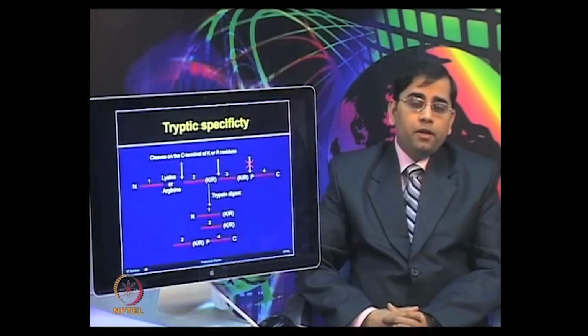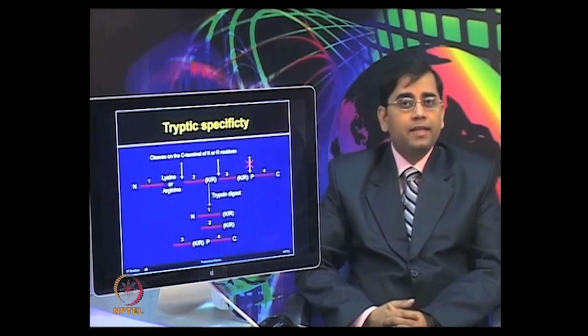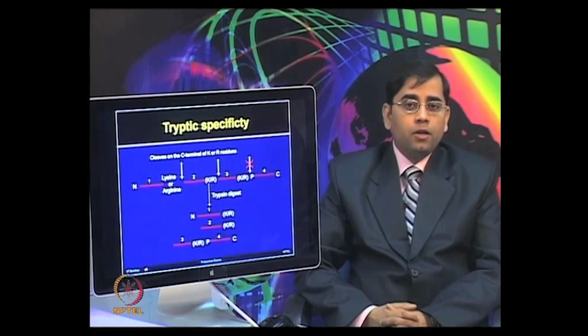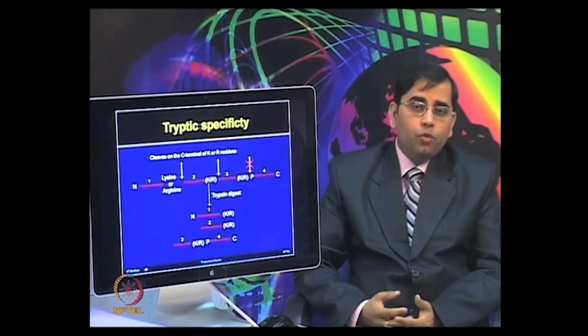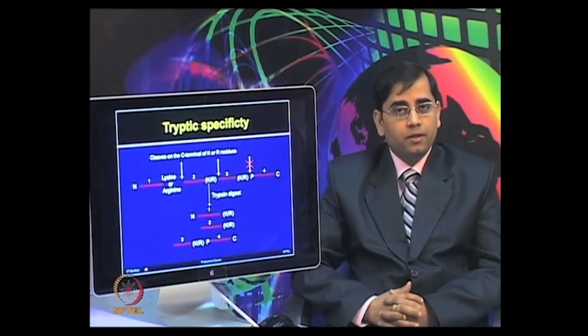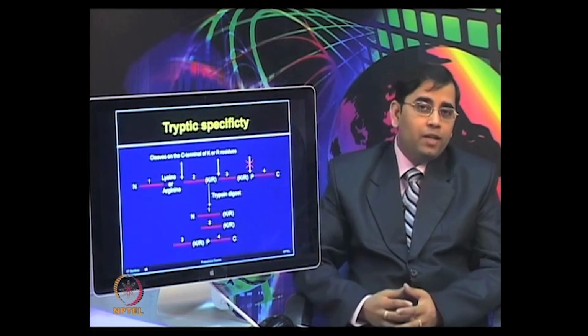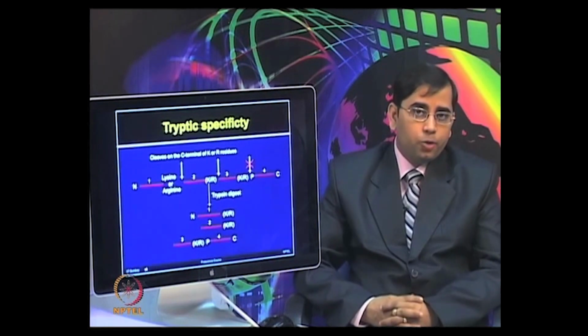Coming to the specificity of trypsin, first of all let us discuss why we need to do the proteolytic digestion. You want to generate peptides with a molecular weight within the mass range of the mass spectrometer. You always want to simplify the process, even for very superior analytical instruments, so that you can increase the efficiency of the process.